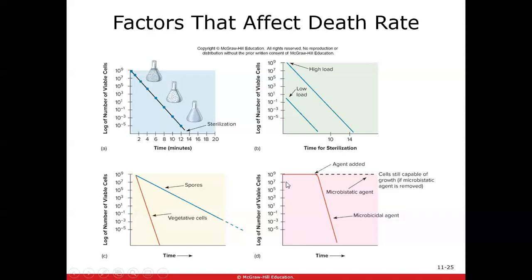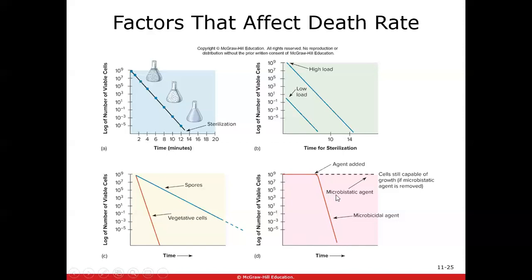And this is if the number of viable cells, microorganisms, is high and just keeps staying high, you add an antimicrobial agent, and then it doesn't take much time at all before the number of microorganisms goes down tremendously.